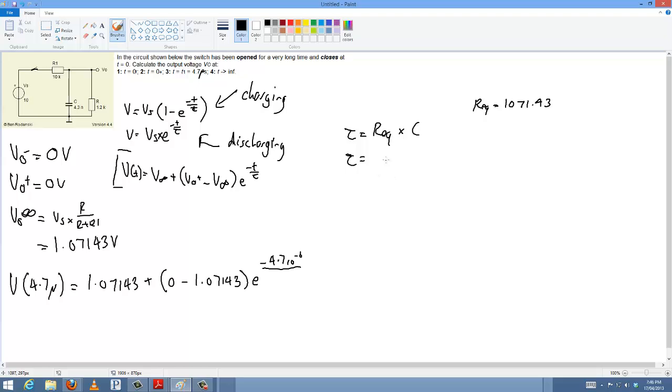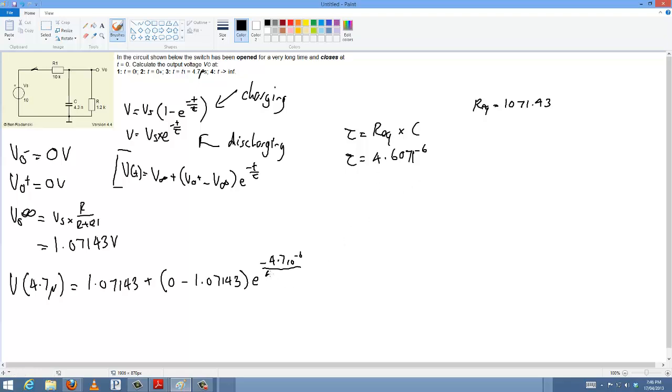Times 4.3 e negative 9 equals 4.607 e negative 6. Okay, so that's our tau.